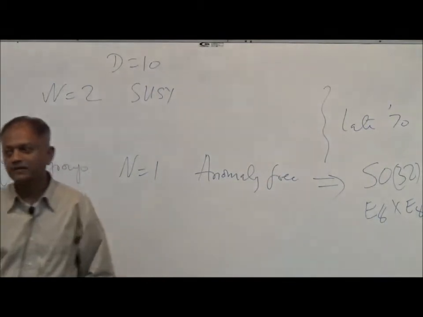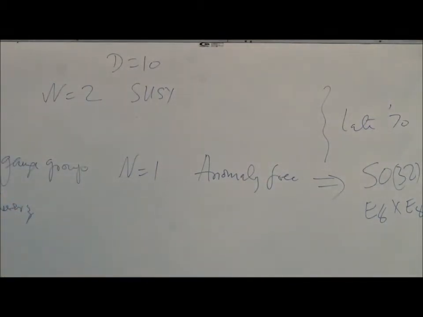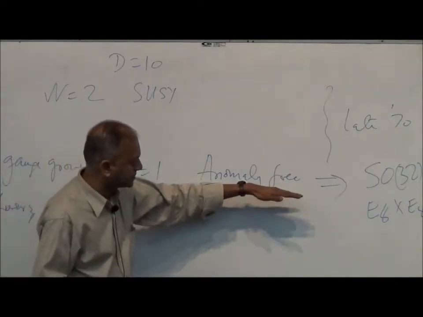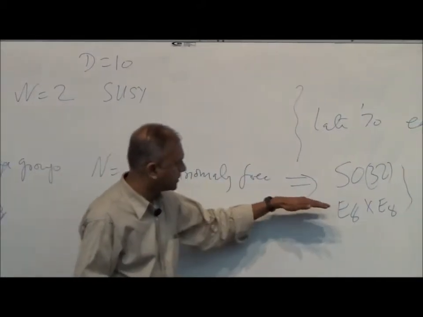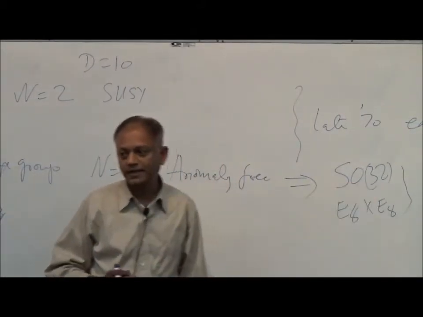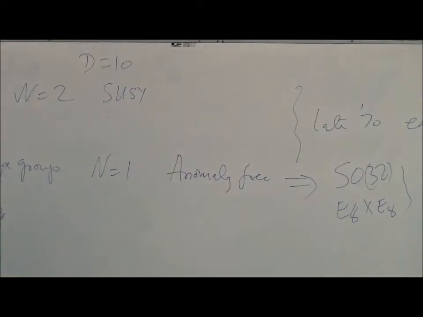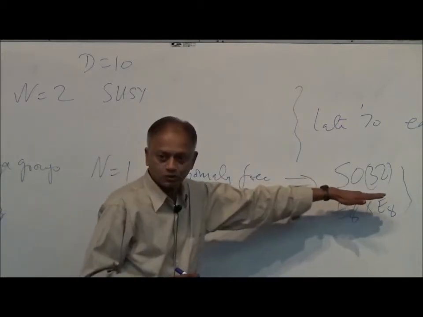In fact, E8 cross E8 could not be obtained within the framework of open string. This has maybe been mentioned before: in the unoriented type 1 theories, the only possible gauge groups that can appear are either orthogonal groups or symplectic groups. And the tadpole cancellation finally picks out SO(32).